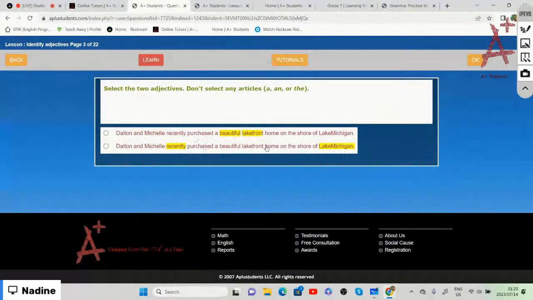In the second option, they identified recently and Lake Michigan. So we need to say which sentence has the correct adjectives identified. Is it beautiful lakefront or recently Lake Michigan? We need to choose two adjectives within that sentence.